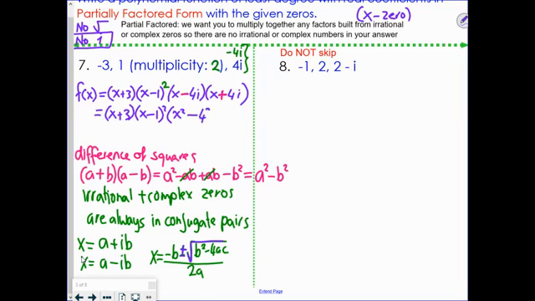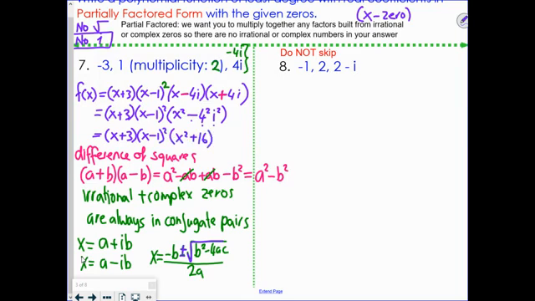So you get 4 squared, i squared. Remember that i is the square root of negative 1, so i squared is negative 1. So what I'm subtracting here is 16 times negative 1. I'm subtracting negative 16, so I'm adding 16 there. x plus 3, x minus 1 squared, x squared plus 16.